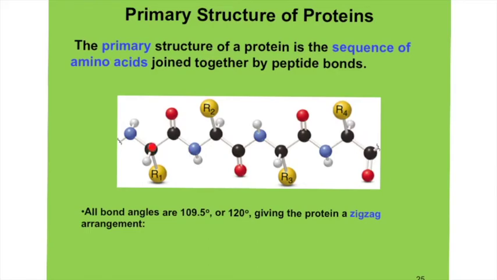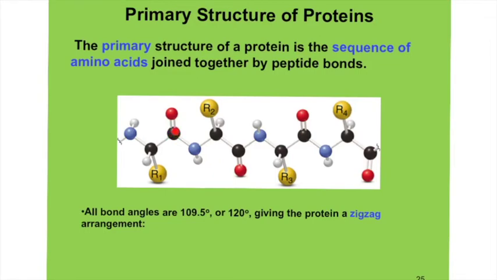For this carbon, it's going to be tetrahedral. This carbon has 4 electron domains, 1, 2, 3, 4, and so that gives you tetrahedral geometry, and the bond angles for tetrahedral geometry is 109.5.